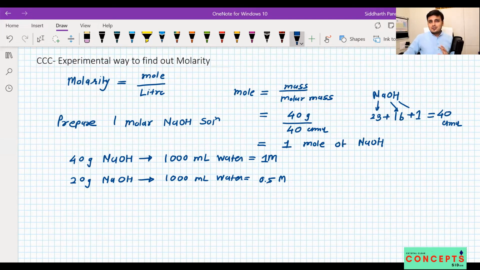Suppose if I am taking only 500 ml, then what will happen? I want to keep the concentration constant, that is 0.5 molar only.